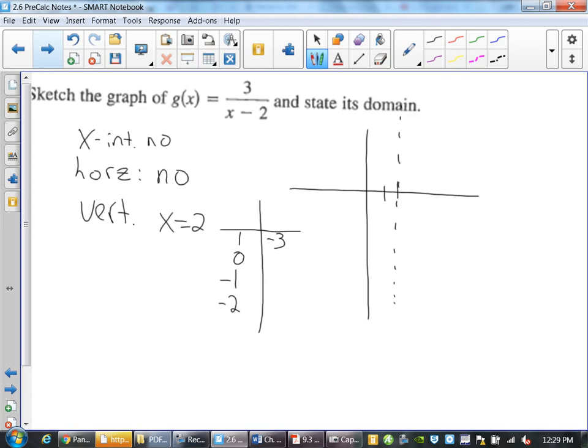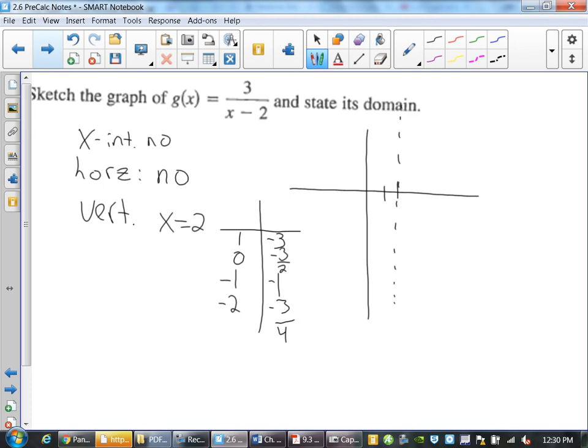If I use 0, I get 3 over -2. If I use -1, well, what's -1 minus 2? So what's 3 divided by -3? -1. And then if I use -2, I get -4 on the bottom, which gives me -3/4.